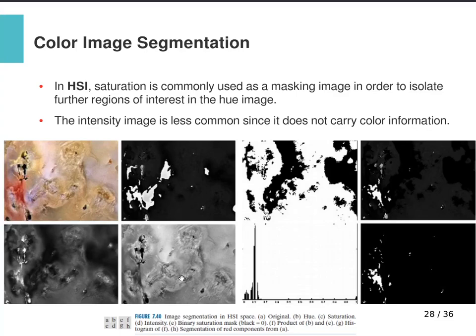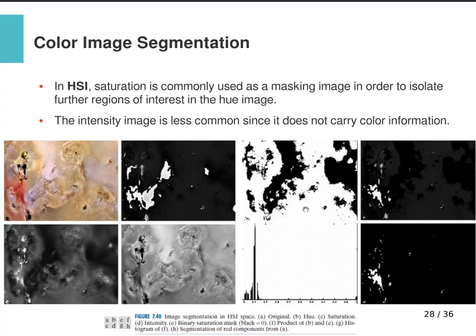These three combined represent the HSI components of the original image. Now we have this image, which is the binary saturation mask created based on the saturation component of the image. In this image, black represents 0 while white represents 1.